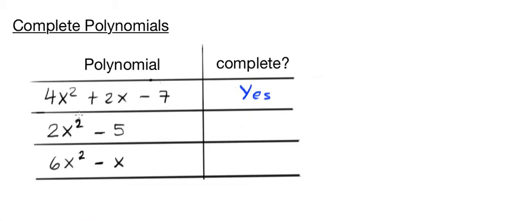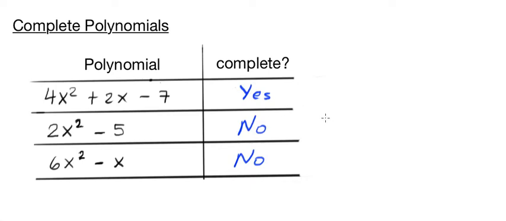It has the quadratic term, does not have the linear term, it has the constant, right? Similarly, this polynomial 6x squared minus x is not complete because the constant term is missing. It has the quadratic term, linear term, but the constant term is not there, so complete, no.